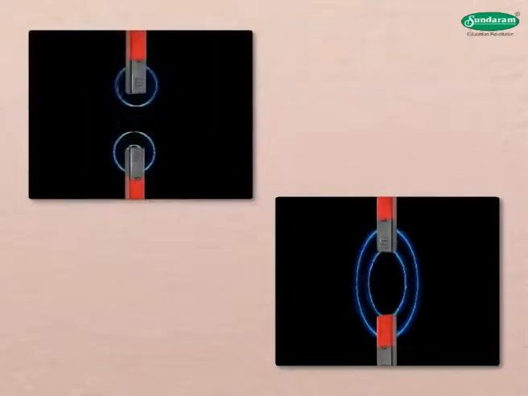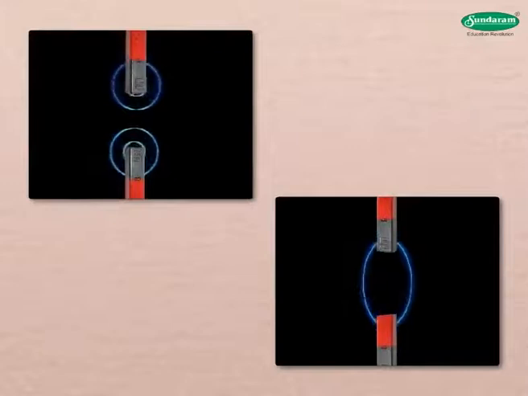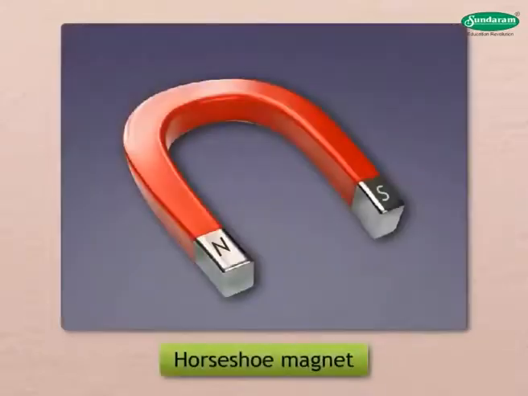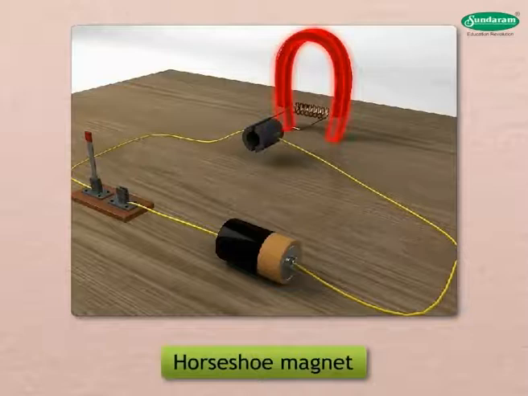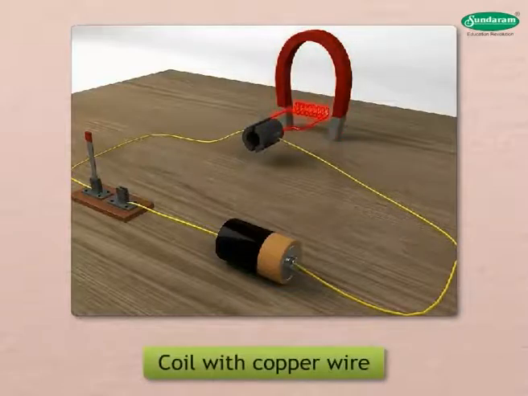Okay? Let us study how this concept is used in a horseshoe magnet. We first take a horseshoe magnet and then suspend a coil of at least 25 to 30 turns of insulated copper wire between its 2 poles, so that it rotates freely between the 2 poles.